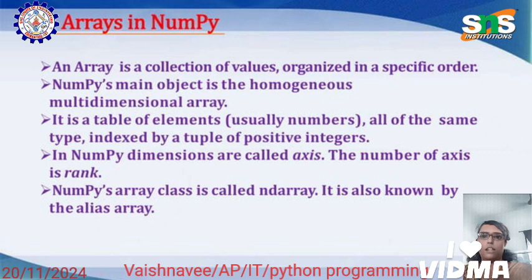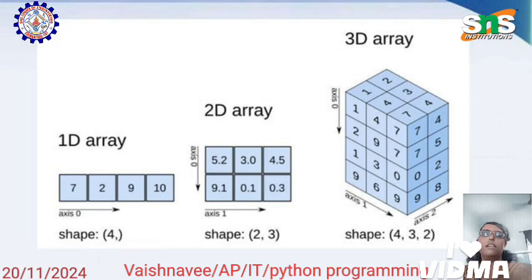In NumPy, the dimensions are called axes. The number of axes is the rank. NumPy's array class is called ndarray, also known by the alias array.